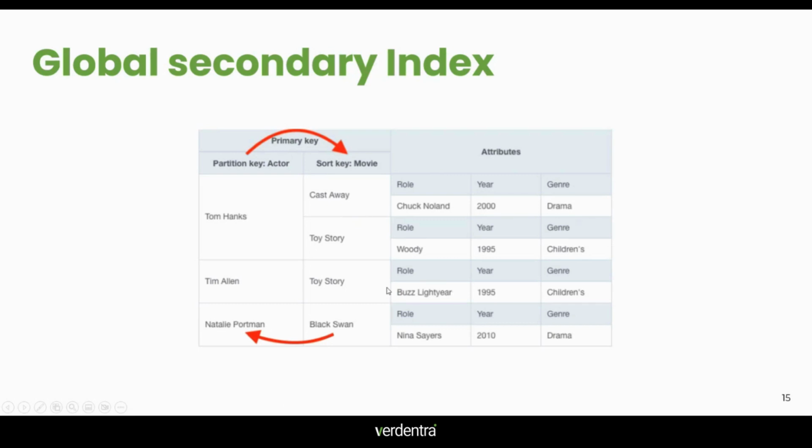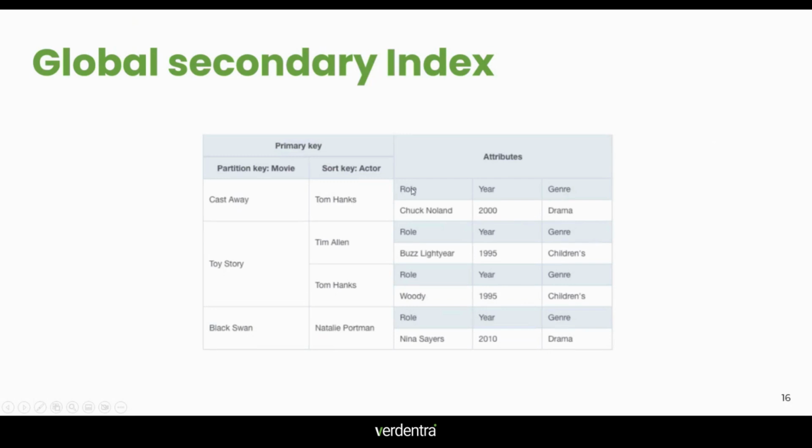So what we can do is create a global secondary index where we flip the keys. Now in this scenario, if you want the actors who have been in Toy Story, you can get that directly. So that's sort of how you can use global secondary indexes to reshape your data.